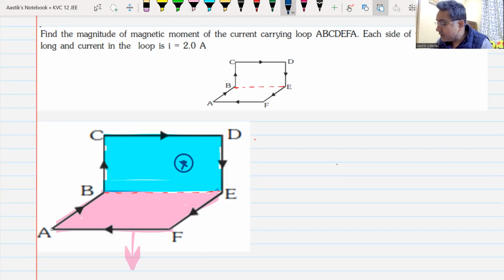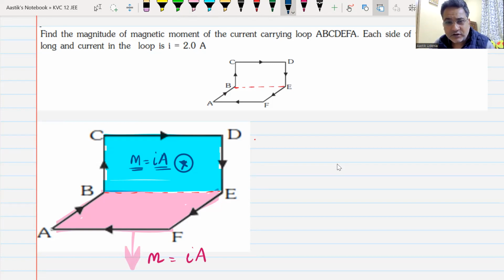Both the magnetic moments are equal in magnitude. This is M, which is equal to I multiplied by A. And this is also equal to M, which is I multiplied by A. One is going along negative Y axis.